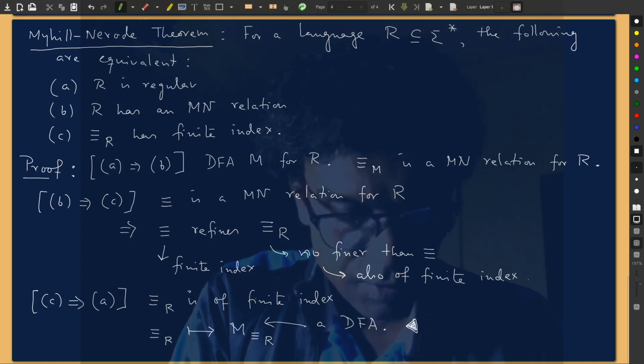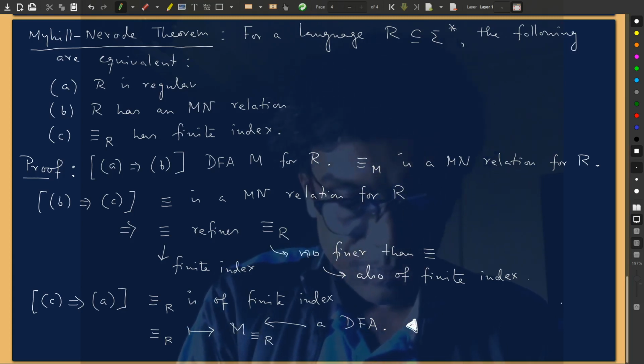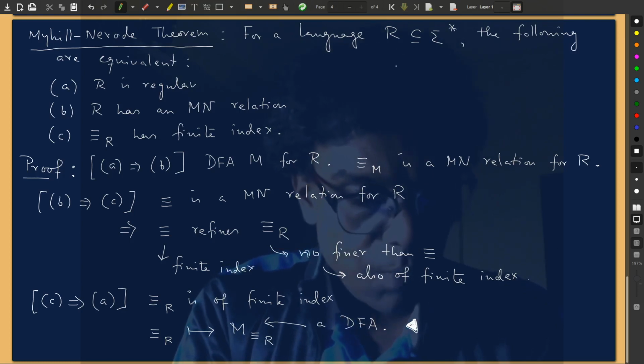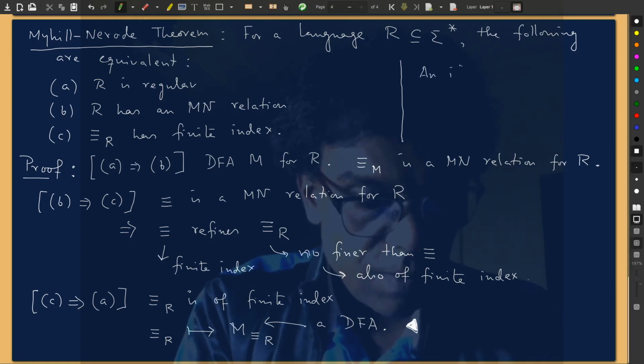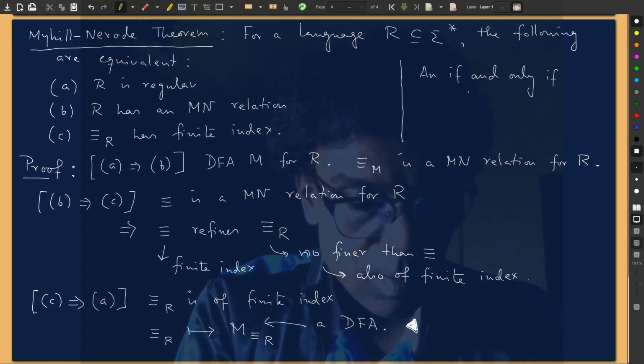This is fairly straightforward, given all the tools we have developed so far. First of all, the importance about this theorem is that this is an if and only if condition that avoids any machine.